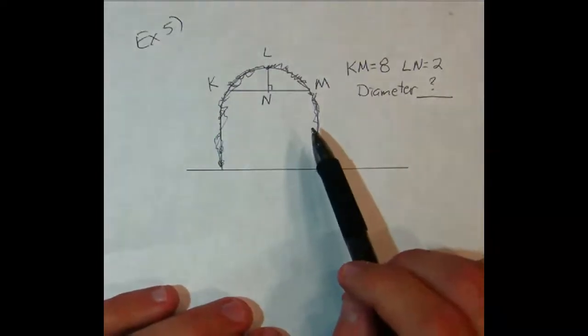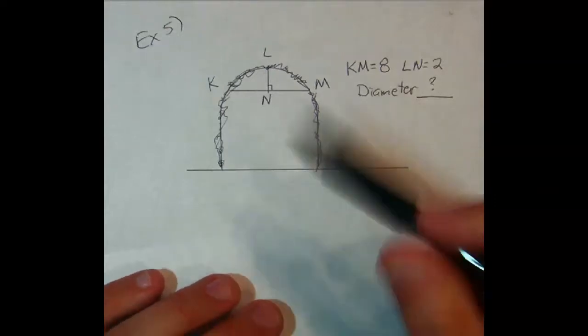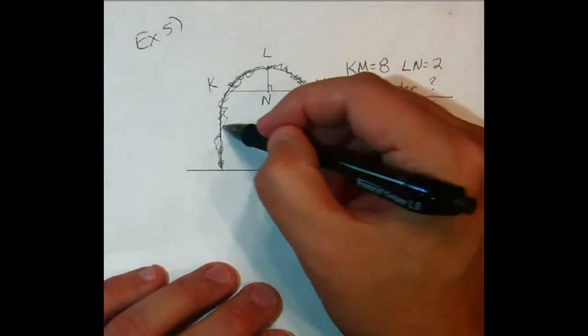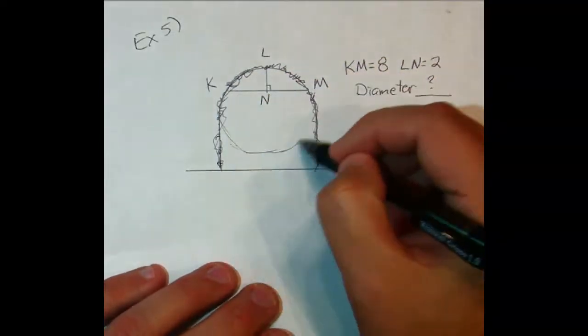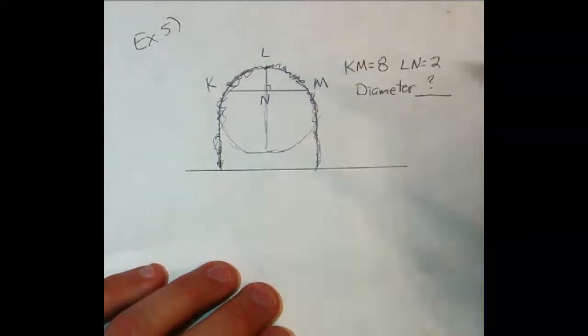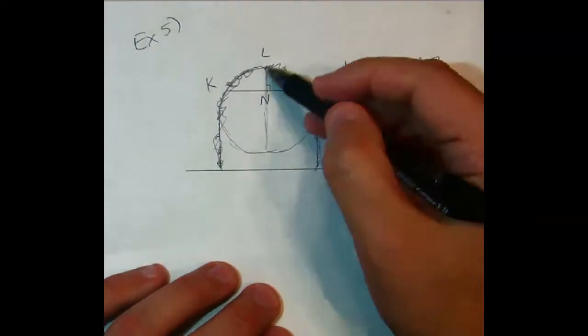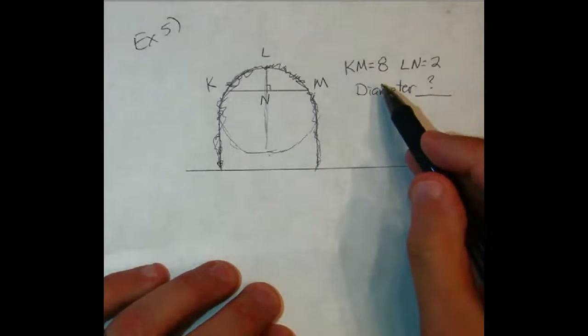The question asks, what is the diameter of the floral archway? In other words, if you were to complete a circle around this archway, what is the complete diameter of that circle? From L all the way down to this point here. That is what we're looking for.